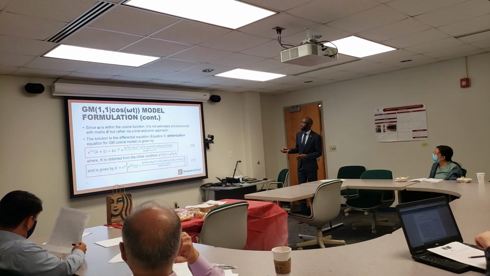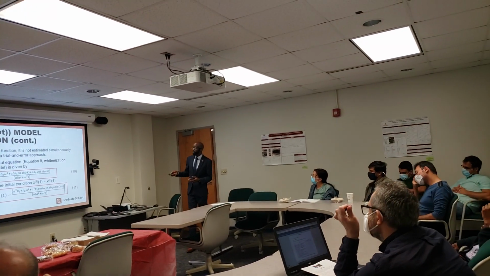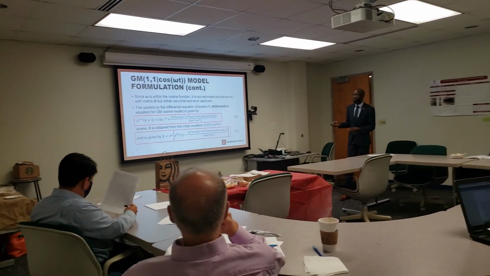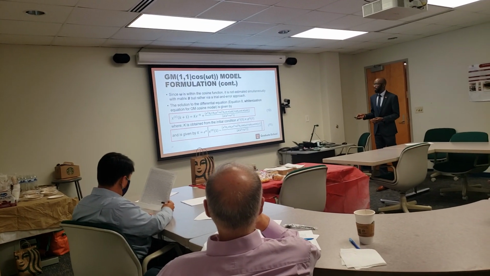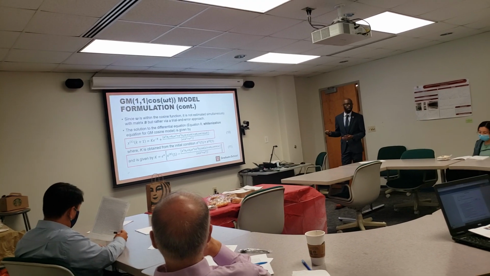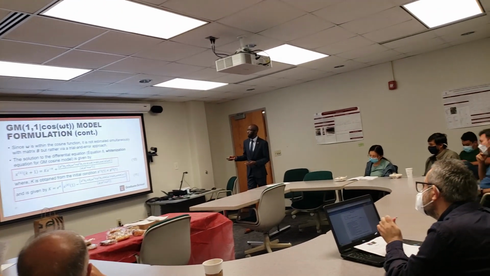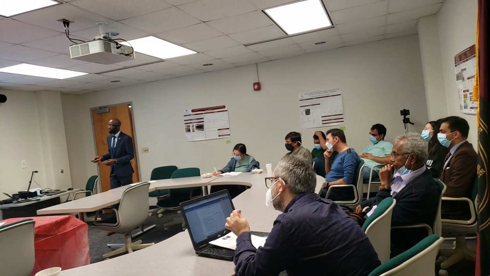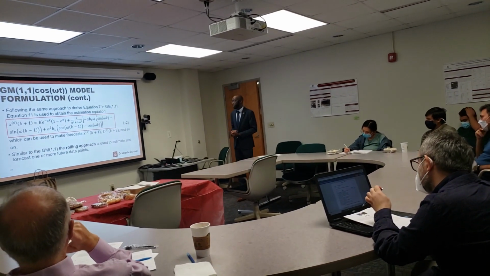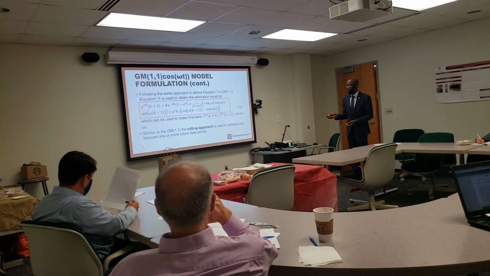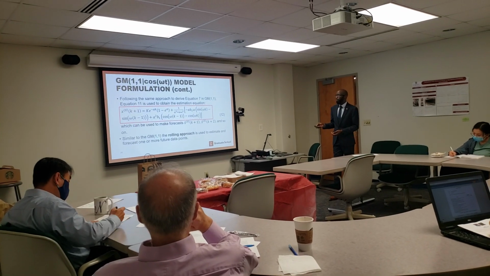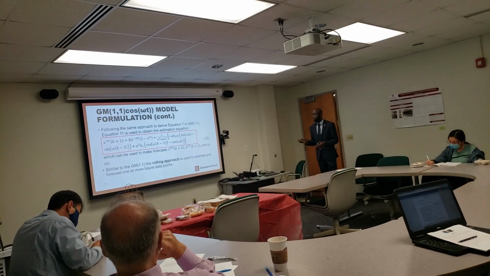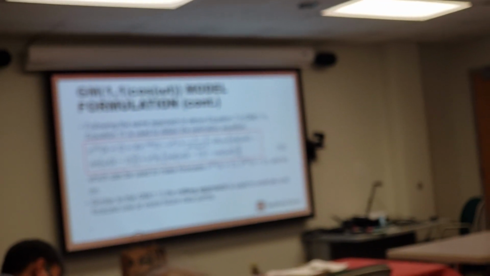And as you can see here, the same optimization process, we get our equation for x1, where k here is just a constant. Then from there, following the same process as the GM11, we can derive our prediction equation, and also we use the rolling horizon approach.